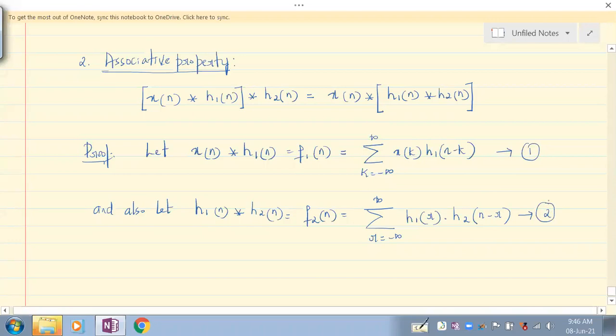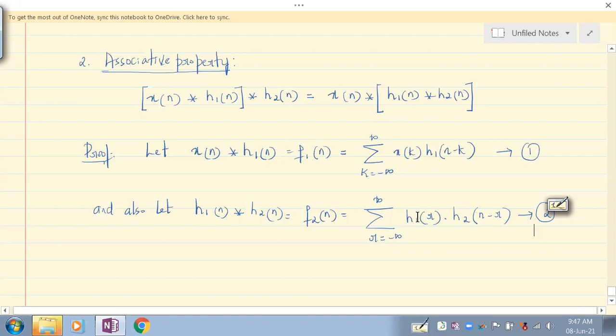On the LHS part, whatever is in the bracket we called f1 of n and expressed as the convolution sum. On the RHS part, whatever is in the bracket we called f2 of n and wrote the equation for the convolution sum.